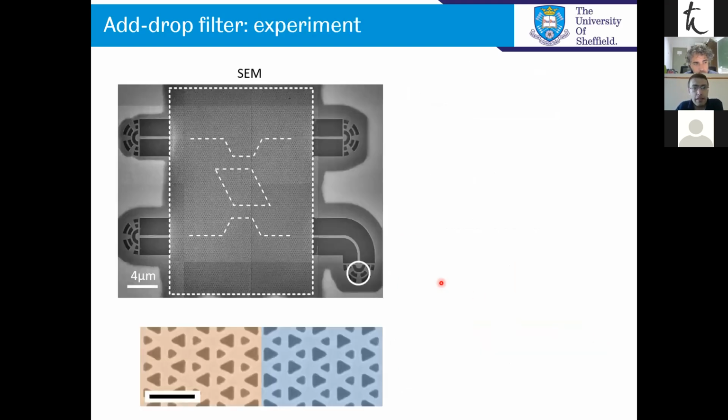Experimentally, this is the structure shown here. So I've overlaid the SEM with these dashed lines, which indicate the interface and the resonator. We have the nanobeams and the outcouplers once more, so we can get the light out of the chip. This is just an SEM showing a zoom in of the interface.